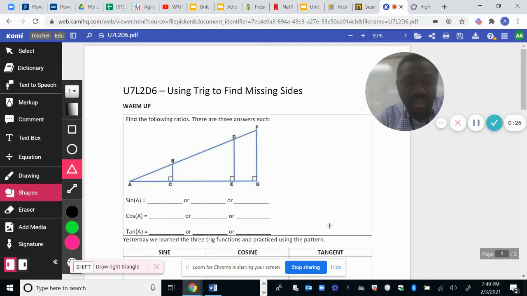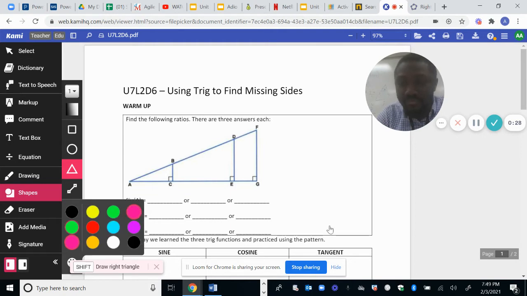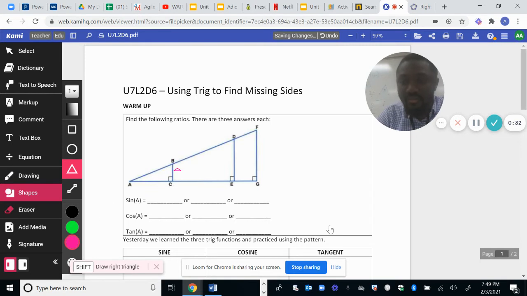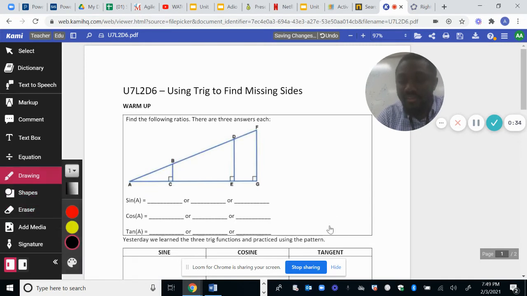If you take the small triangle, and we're dealing with this angle A, BC is the opposite, AC is the adjacent, and the hypotenuse is AB.